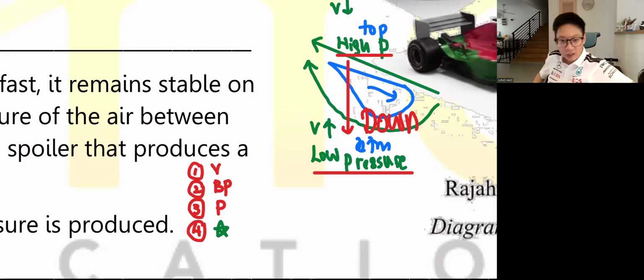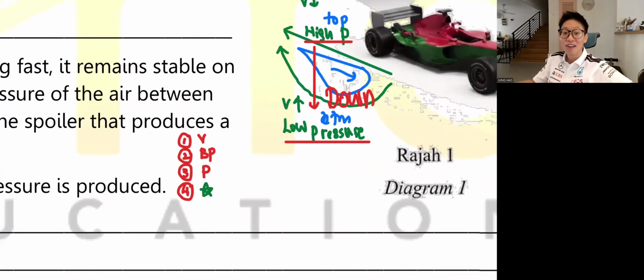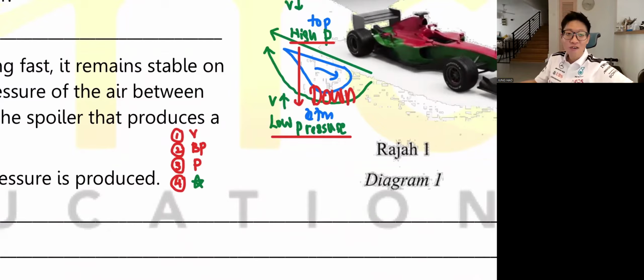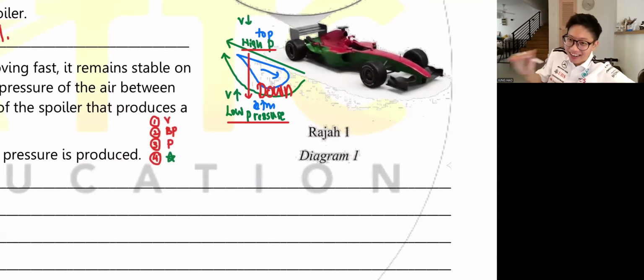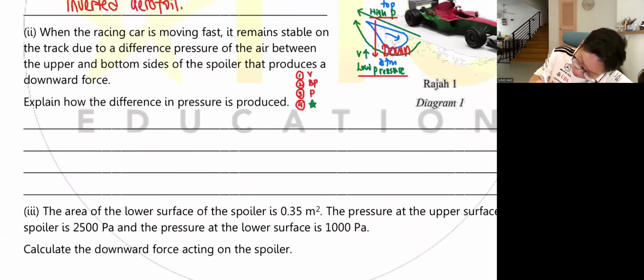Now let's write this together first. Later I tell you what's the answer that I want. I don't want to tell you now. Too bad, guys. Okay, number 1. First, we'll talk about this.